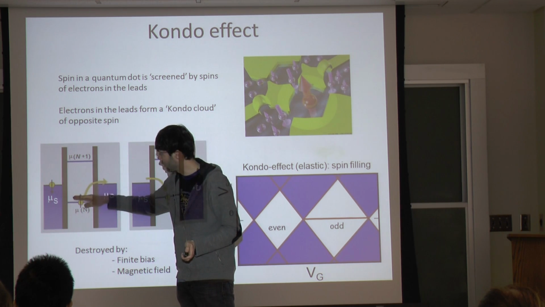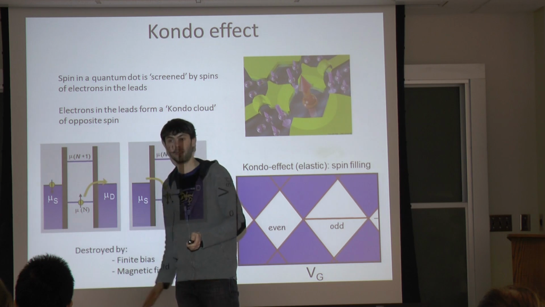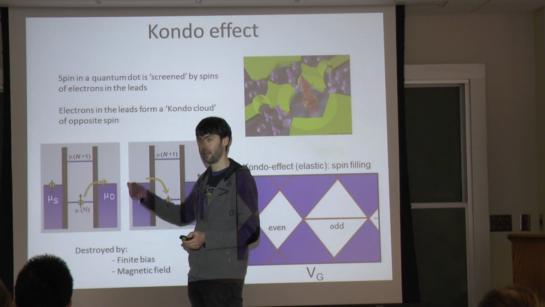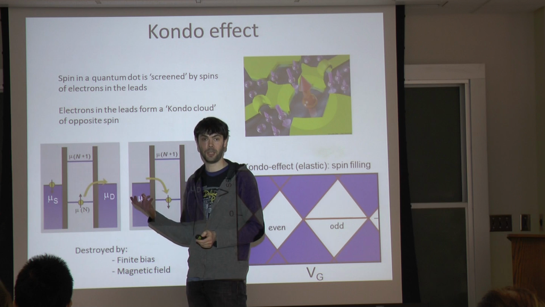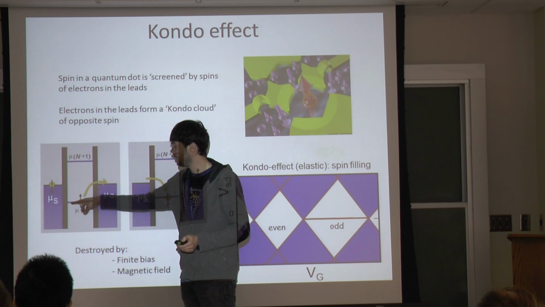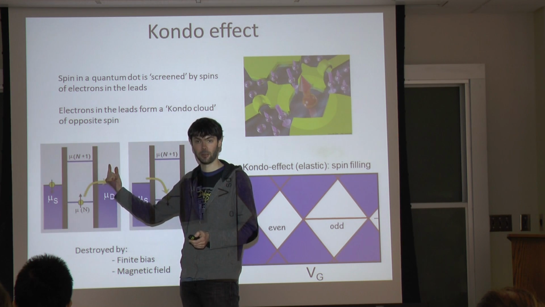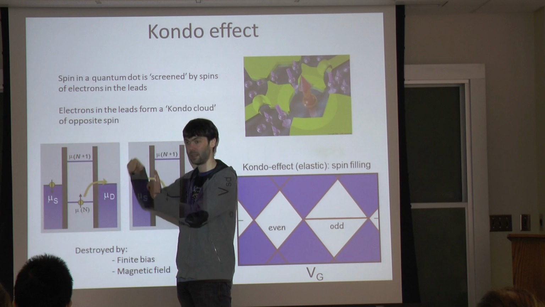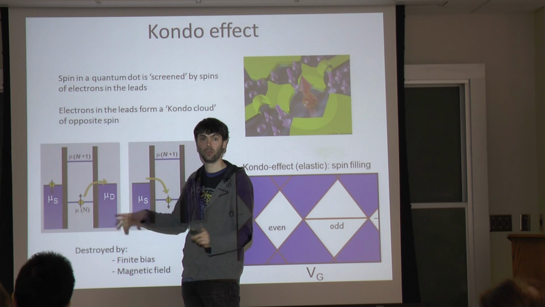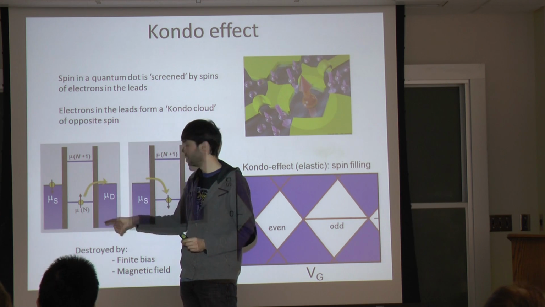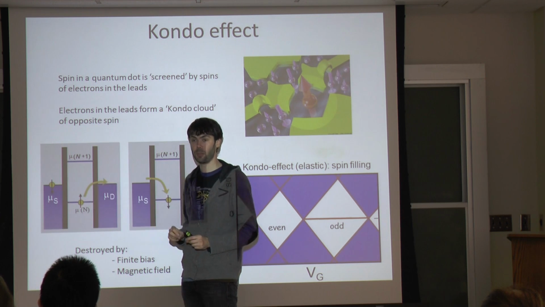But if you count up all the spins that are inside this dot, they give you a total spin. So the higher level has maybe a single electron, and all the lower levels are pairwise filled. That would be the simplest example. So there is one extra spin.